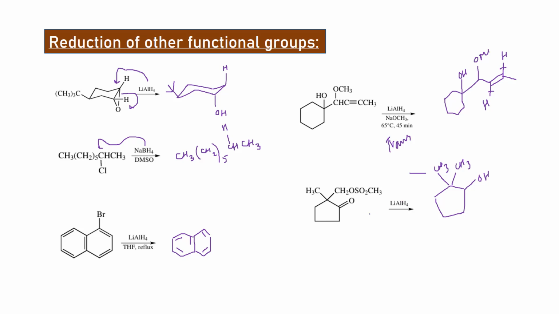This is an OTs group, tosyl group, no, sorry, OMs group. This is a mesyl group, OMs group. So H minus will attack here, and this bond will just get removed from the system.